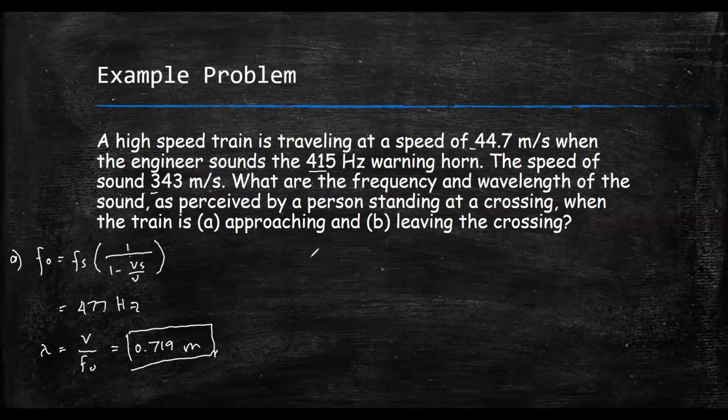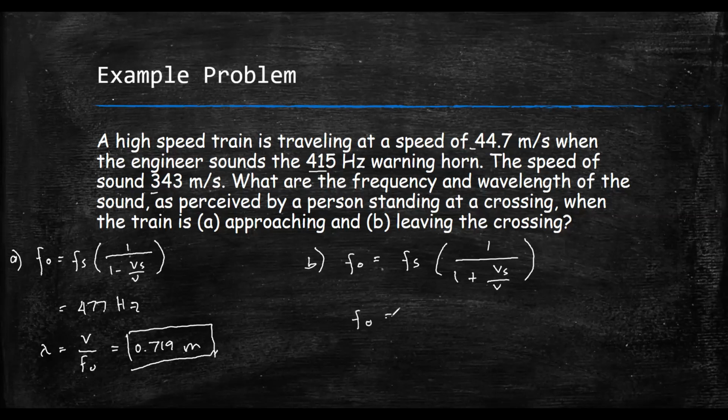And for our second scenario, which is leaving the crossing, to get the frequency heard by the observer, it is equal to Fs times 1 over 1 plus Vs over V. And substituting the value of the frequency, the velocity of the train, and the speed of the sound, we can get the frequency heard by the observer, which is equal now to 367 Hertz.